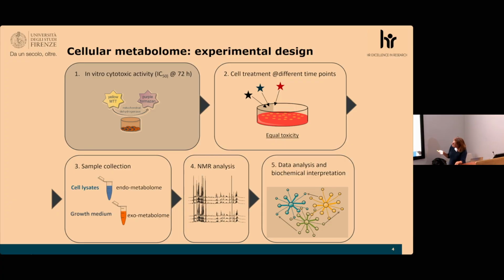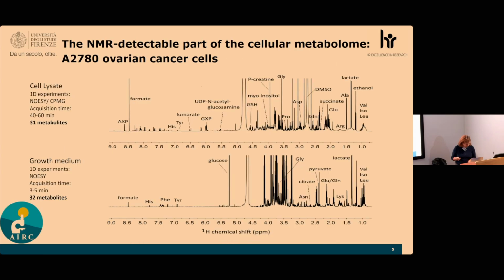Then we treat cell cultures with different drugs for different times, but using equal toxicity conditions, so using the IC50 measured at 72 hours for each of these compounds. And then we collect the cell lysates and the growth media, and we analyze them separately, and then we try to learn something about the biochemistry of the system.